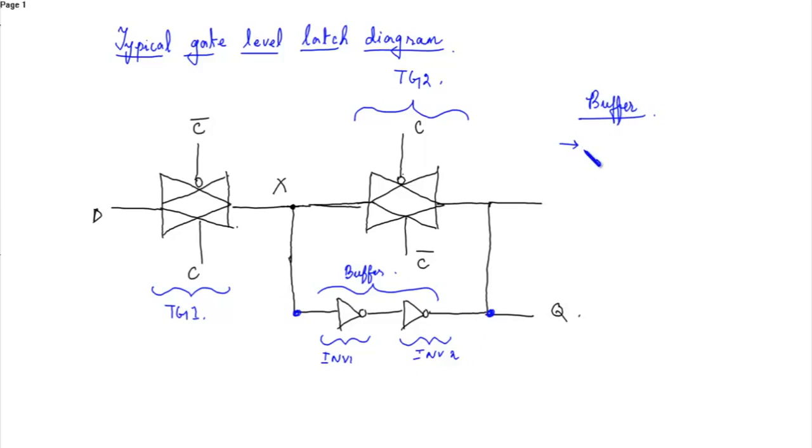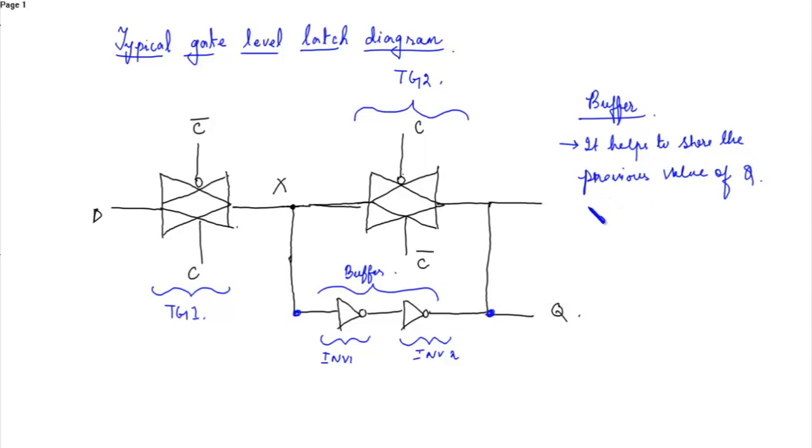It helps. Actually here the value is not stored, but it helps to store the previous value of Q, which will be used later on.